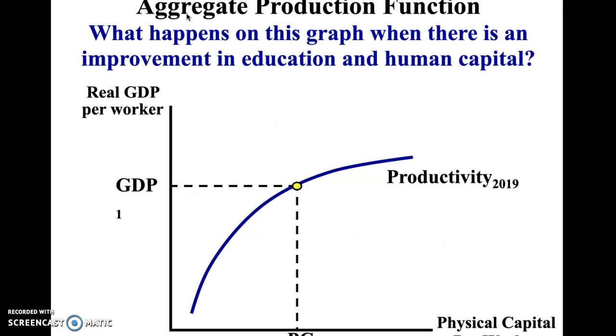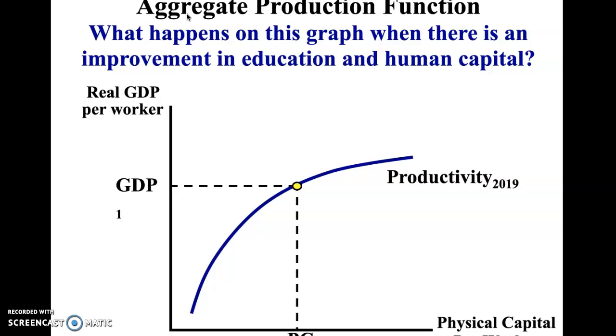So we talked about the production function. If we're looking at physical capital per worker and real GDP per worker, the worker is what we call a variable input. It can change, so I can add more workers or hire fewer workers.